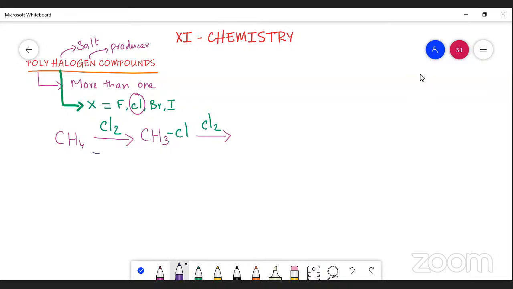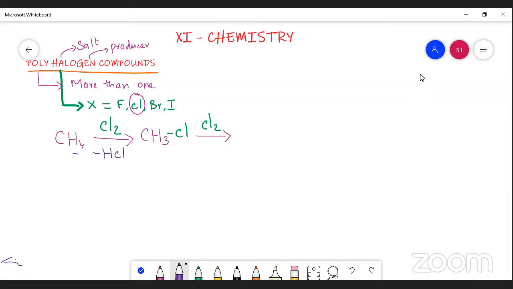By removal of HCl, one of the hydrogens and one chlorine is removed. Then we get methyl chloride, that is a haloalkane. Now it is polyhalogen. What do you mean by polyhalogen? More than one halogen atom present in a carbon is known as polyhalogen.